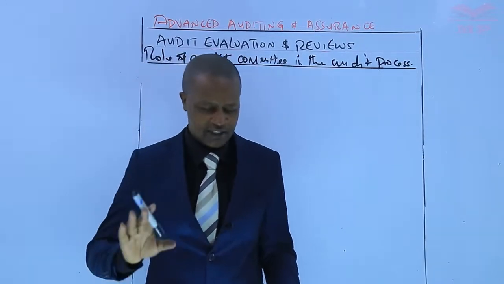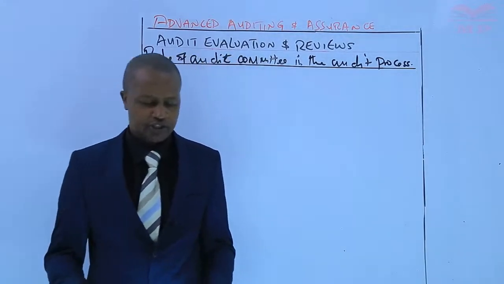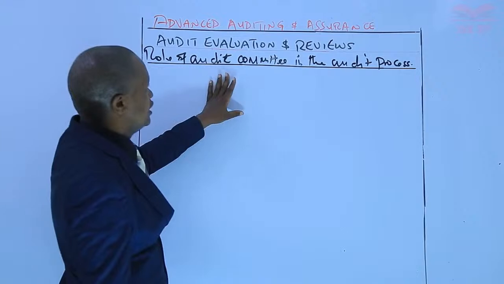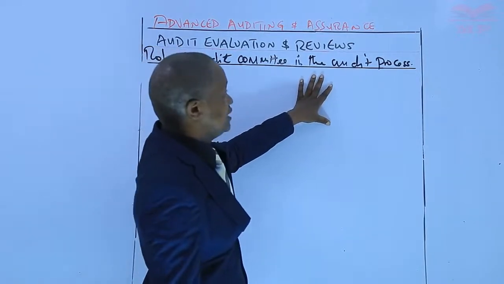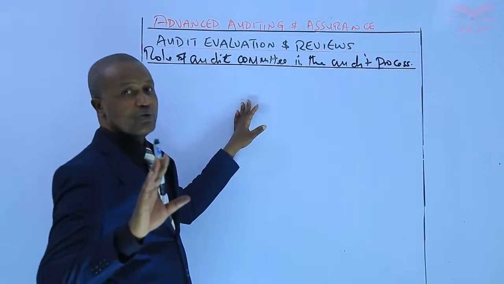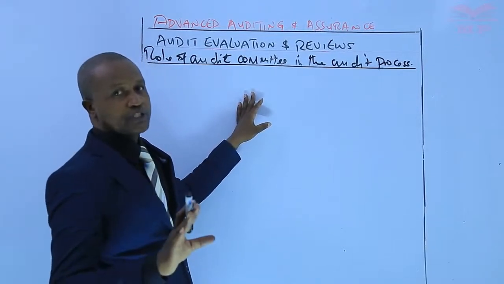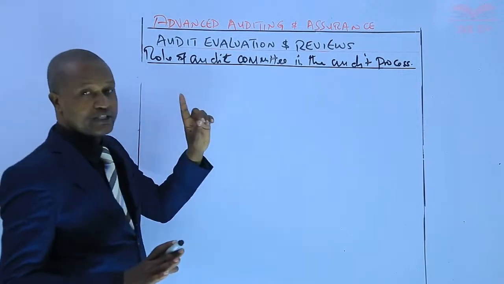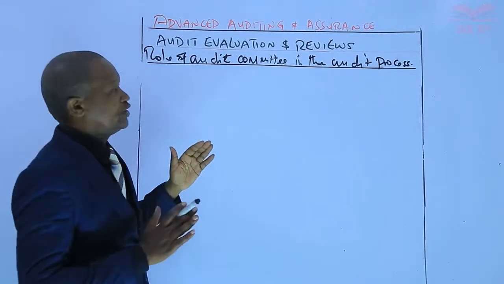Today is the last lesson in audit evaluation and review, which is the role of audit committee in the audit process. The audit committee plays a crucial role in the audit process.